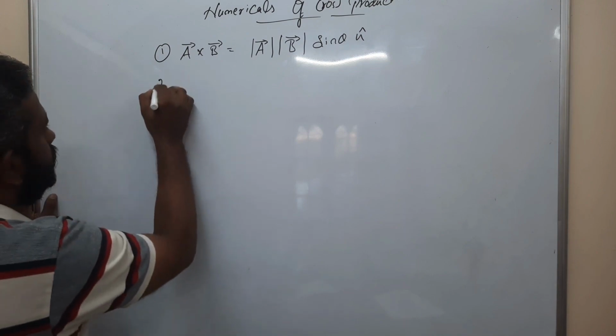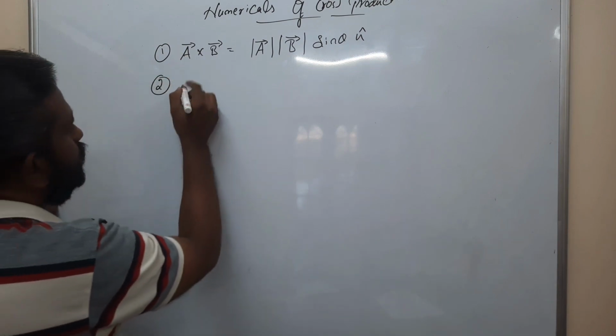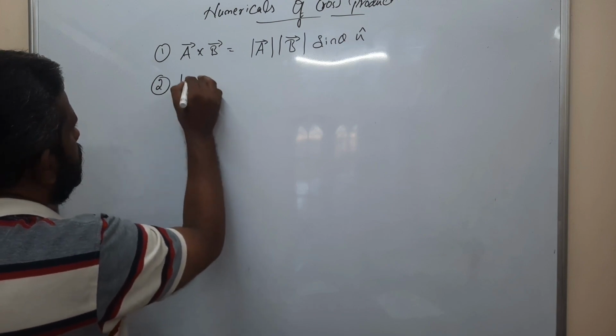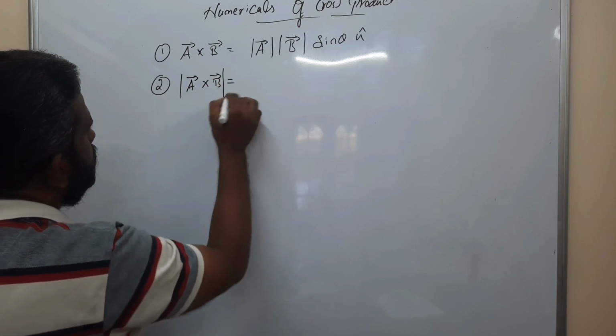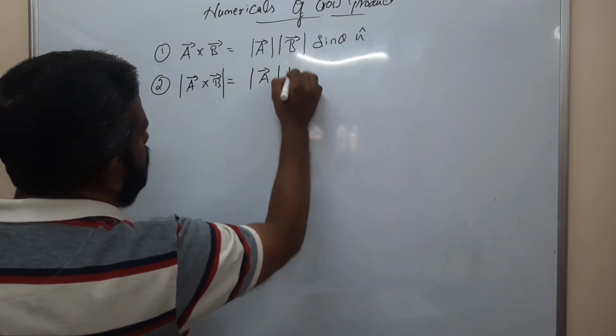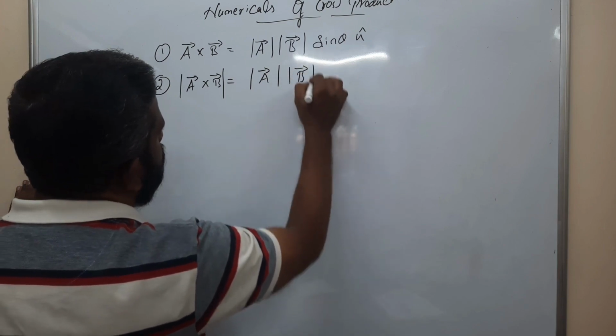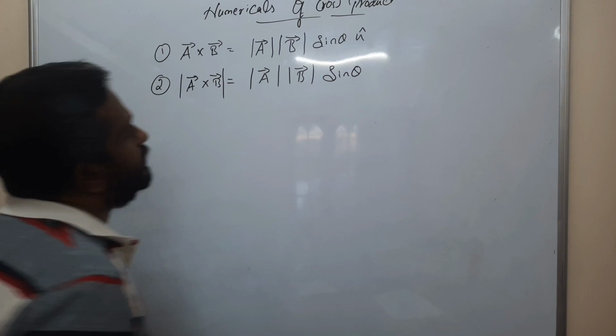Second formula: modulus of A vector cross B vector is equal to modulus of A vector, modulus of B vector, into sin theta.